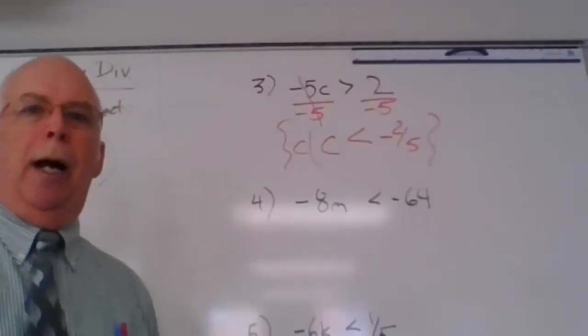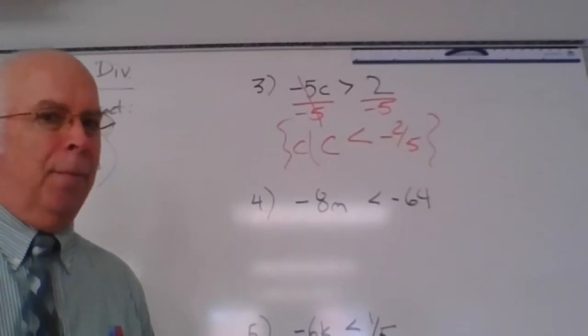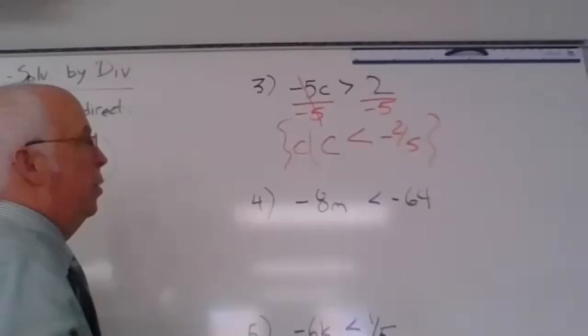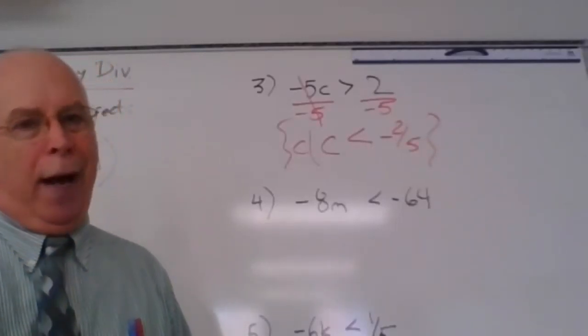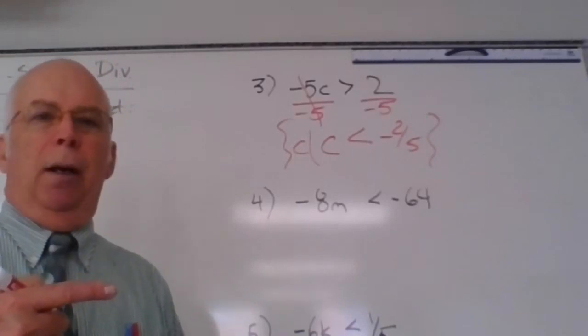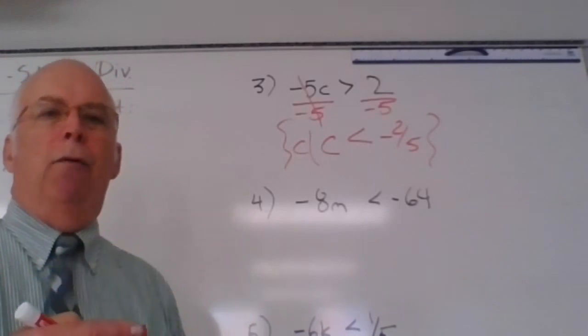Now, if you want to multiply, you can multiply, but what would you multiply by? The inverse. I could multiply both sides by -1/5. It accomplishes the same thing, but I could take the reciprocal and multiply both sides by -1/5.